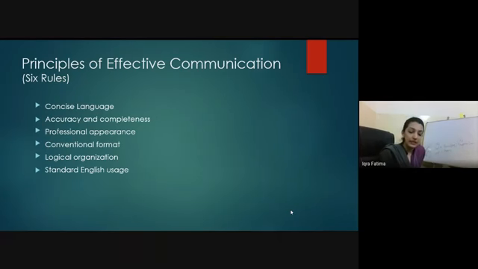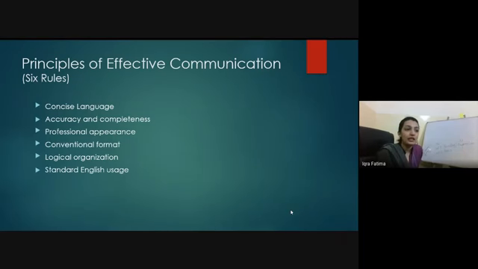Accuracy and completeness. When we talk about completeness, try to answer as many questions as you can, so that your message is complete. I always tell you to follow the 5W and H rule; those questions should be considered in your message.